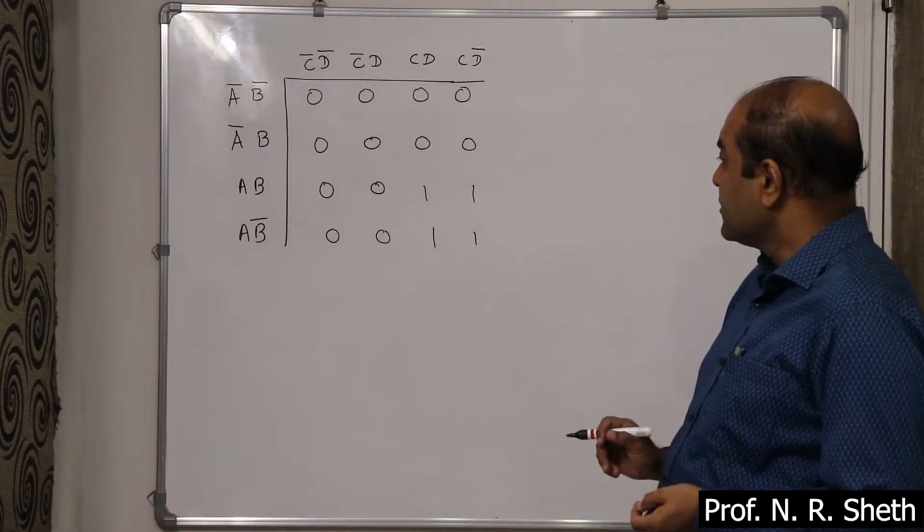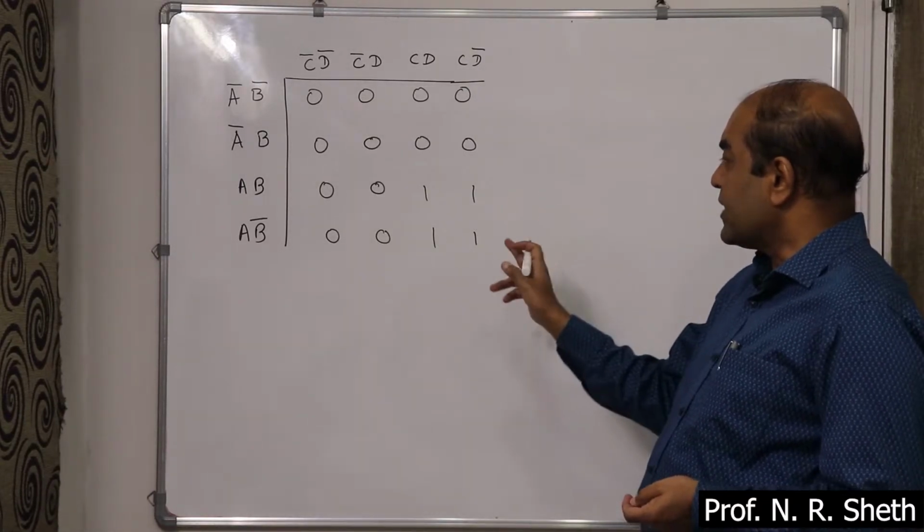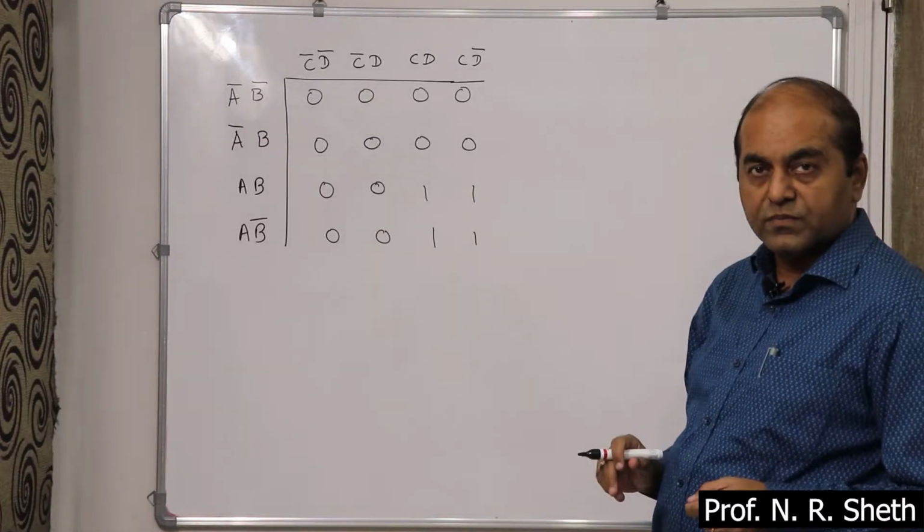In this K-map, 4 entries are high, remaining all are low.